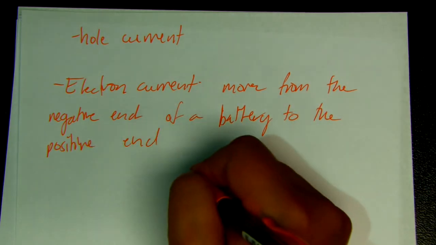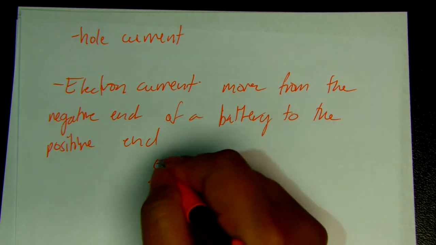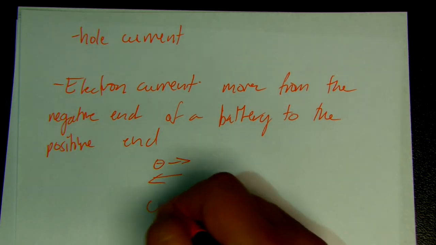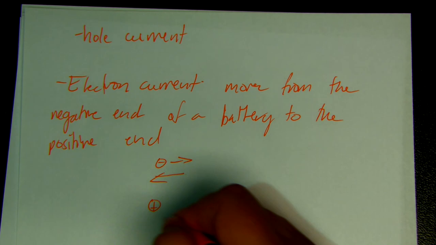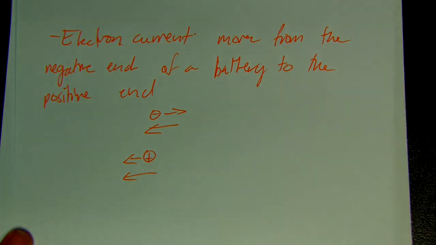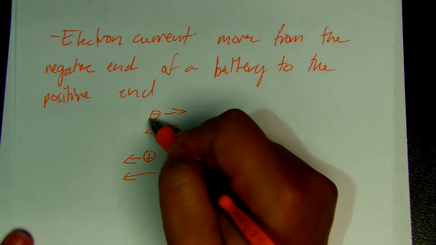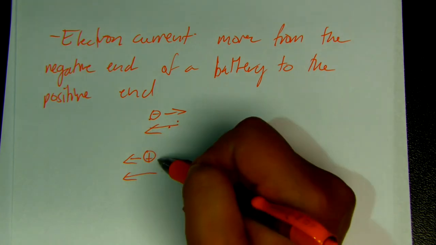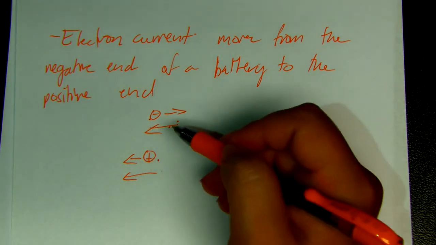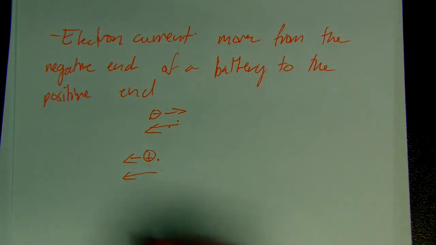So if you've got your field going this way, then your electrons, which have a negative charge, will move the other way. And then if you have your positive charges, they will move this way. So what we see now is that it doesn't matter, because these two negative signs, the negative charge going the opposite direction, ends up giving us the same value as a positive charge going the direction of the electric field.